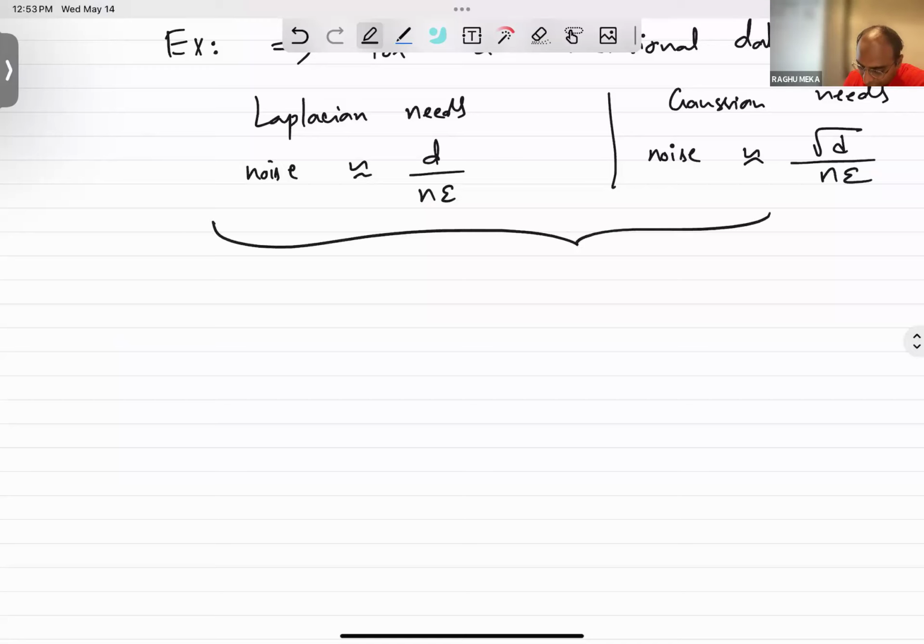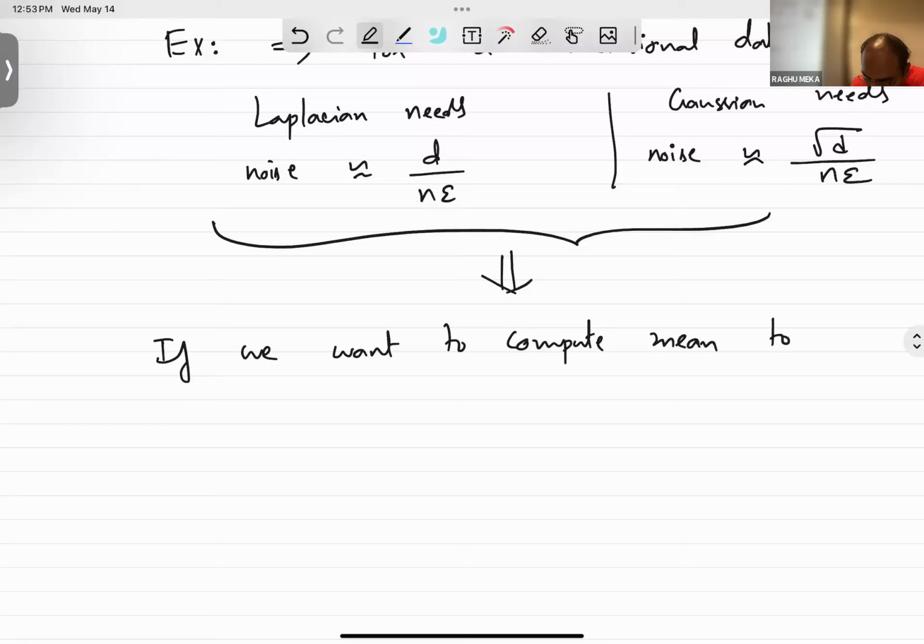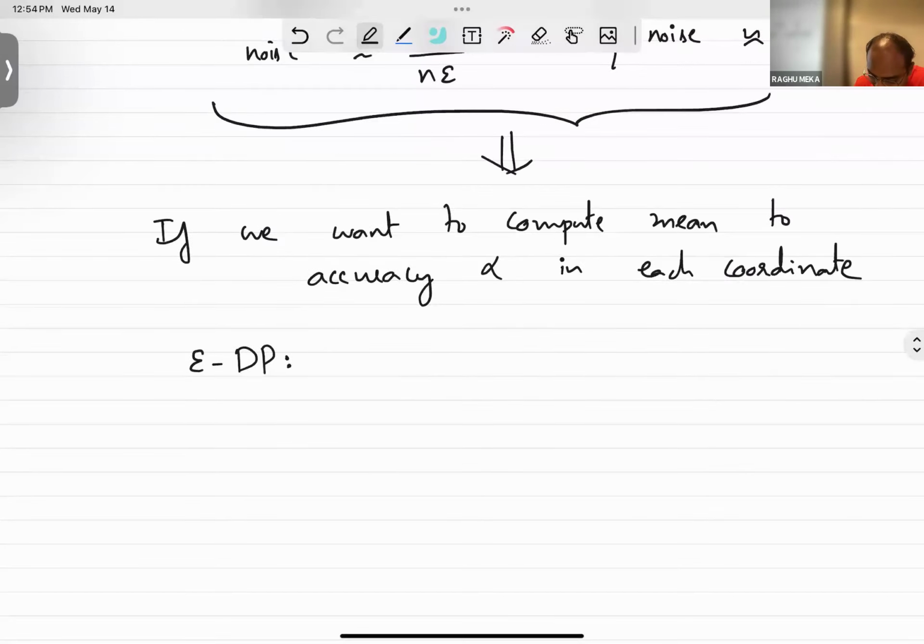And so this in particular implies that if you want to compute the mean to accuracy alpha in each coordinate, then for pure differential privacy, we need n roughly d over epsilon alpha.